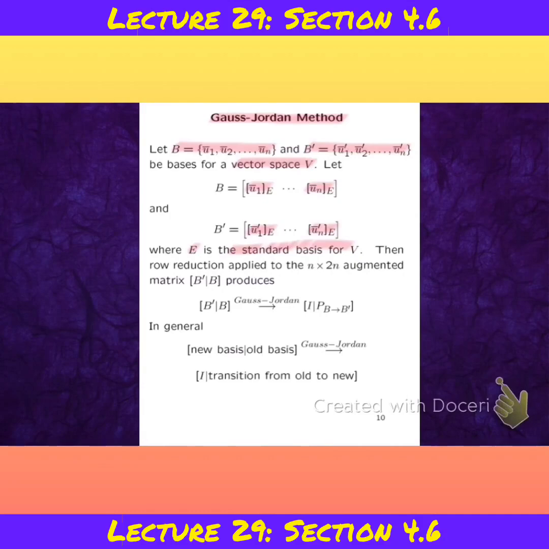Now, you place the matrices B and B prime next to one another in another matrix, and you separate them.